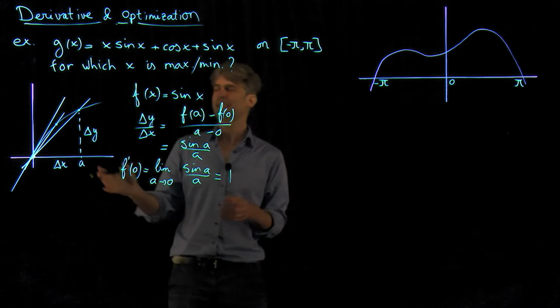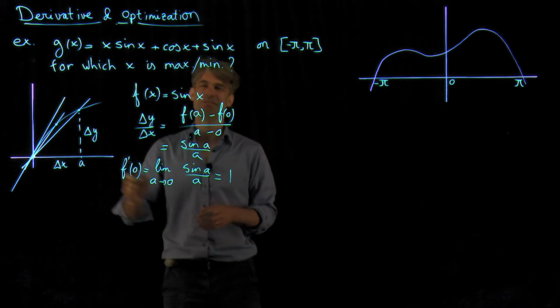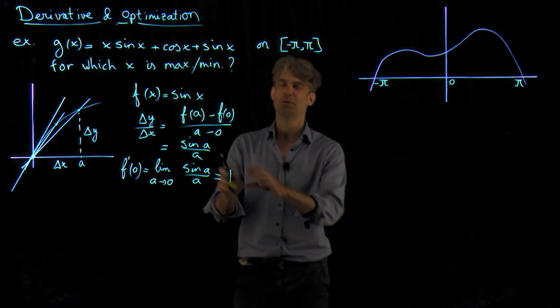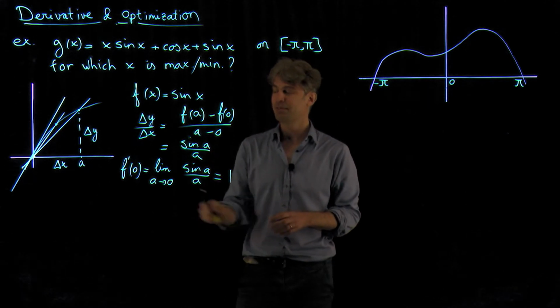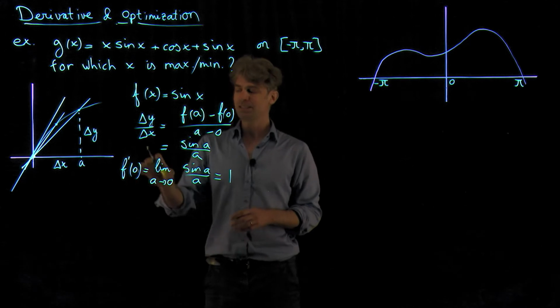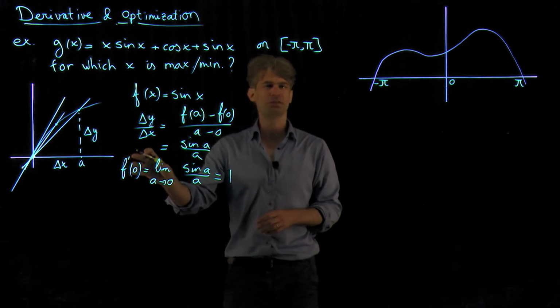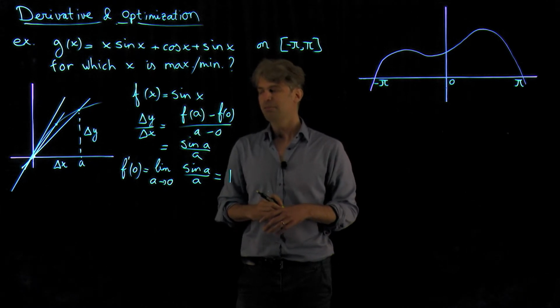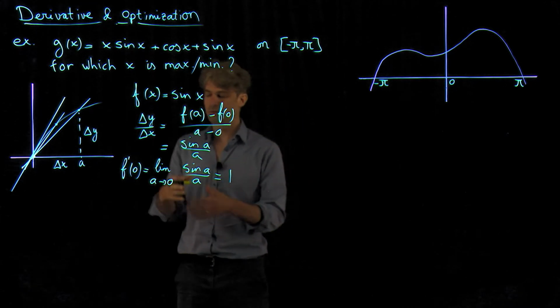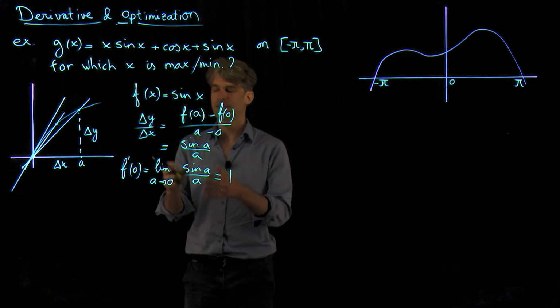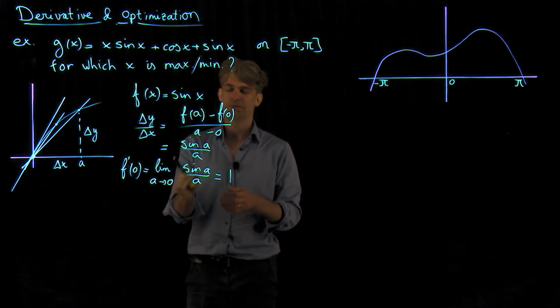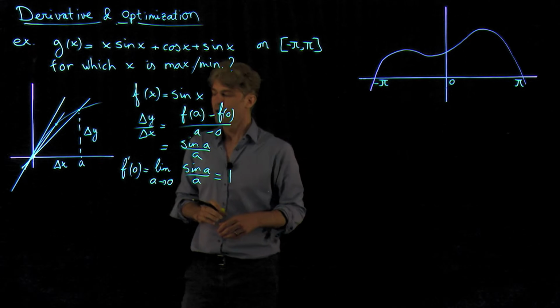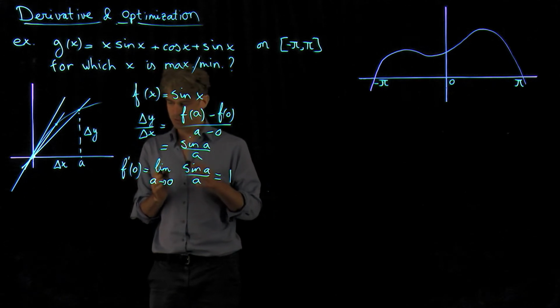And then we can see how terrible this drawing was, because it definitely looks a bit steeper than that. The computation tells us the slope is 1, and therefore the derivative. But this is the derivative for just a point, so it's not exactly yet a function. Generally, maybe you could do this for any point and find that the derivative function in x would be the cosine of x.